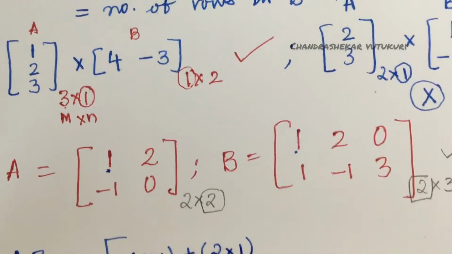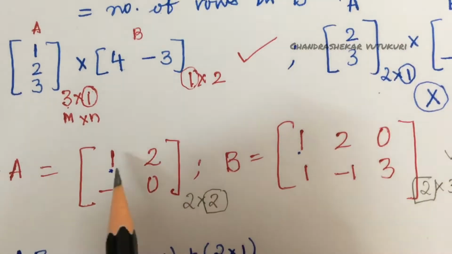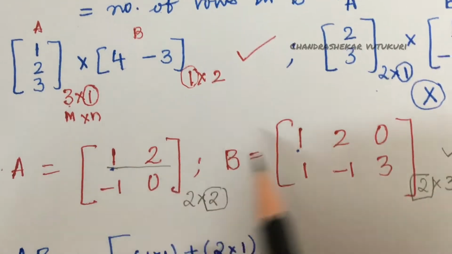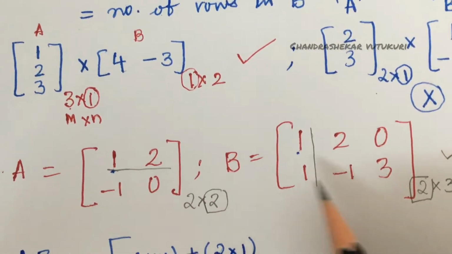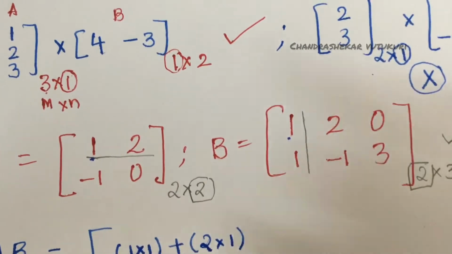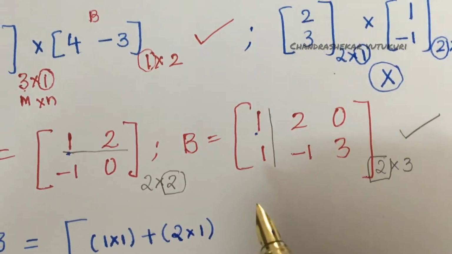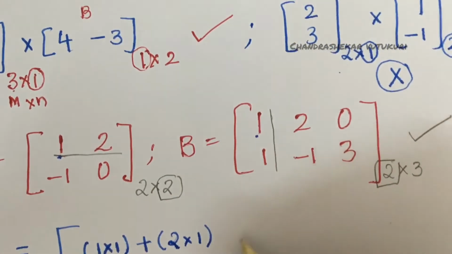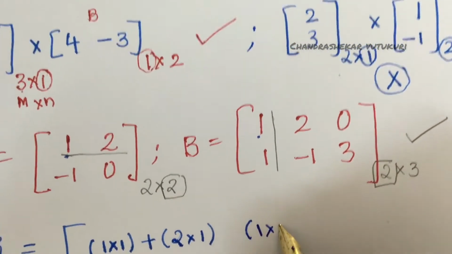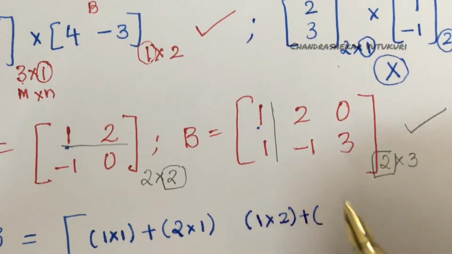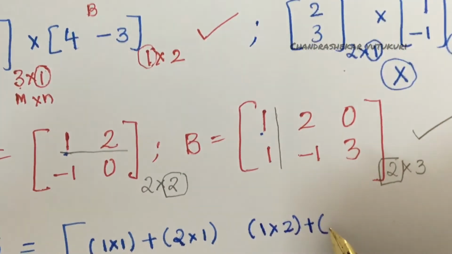I hope you are getting the process of multiplication to be worked out with respective row multiplied with the column in all the arrangements. Let us take into consideration the second column and the first row of the matrix A. Now, this is all about 1 times 2 plus 2 times minus 1.